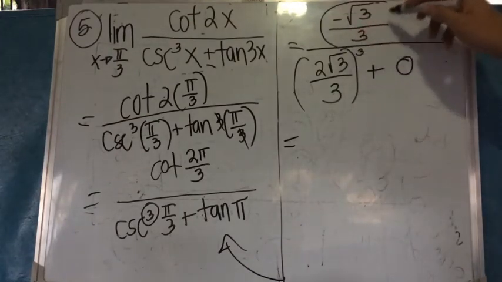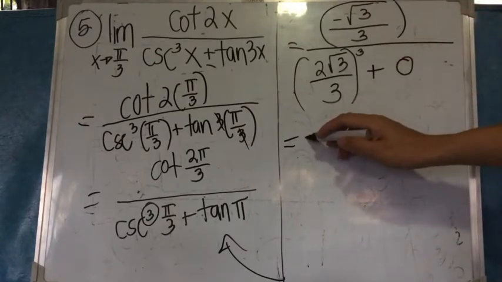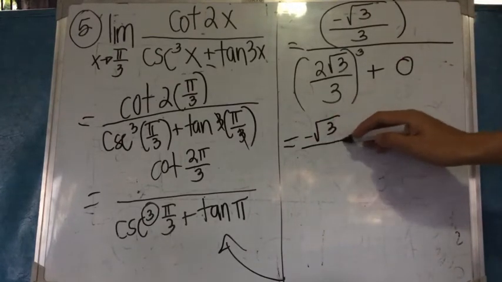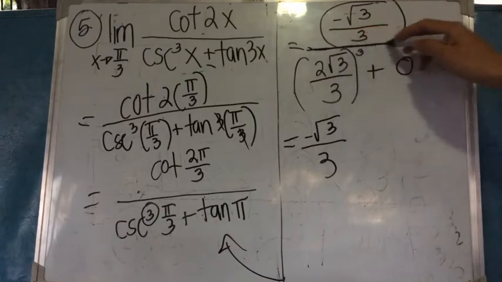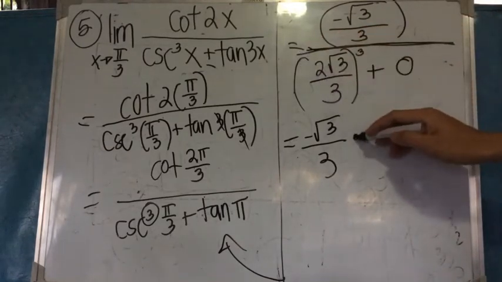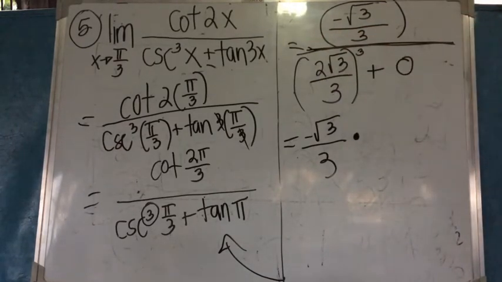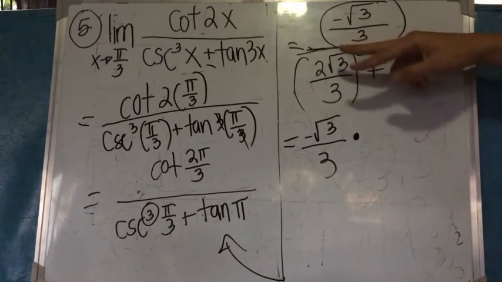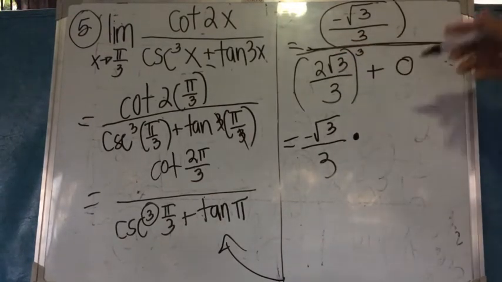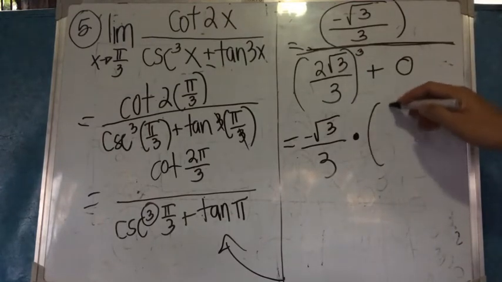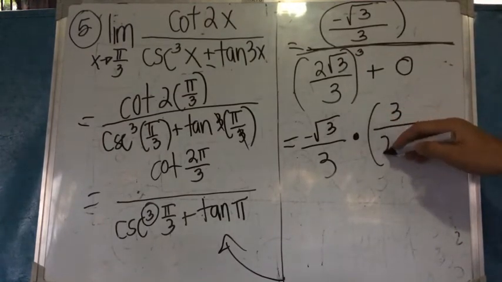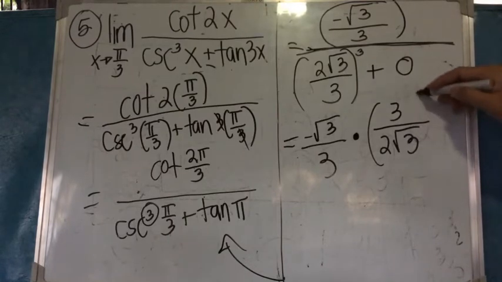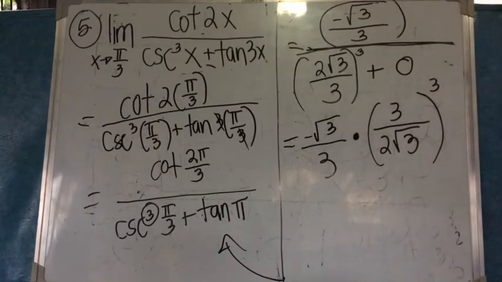First, we copy the numerator. My numerator is square root of 3 over 3. You change the division sign to a multiplication sign, and you get the reciprocal of your denominator. Meaning I have to interchange numerator and denominator. It will now become 3 over 2 square root of 3 raised to the power of 3.